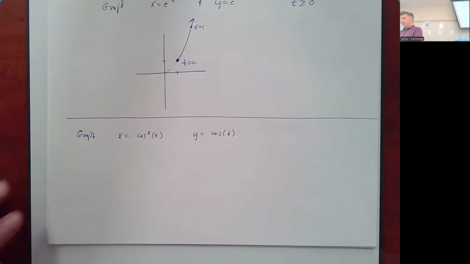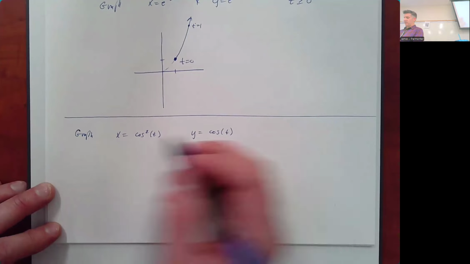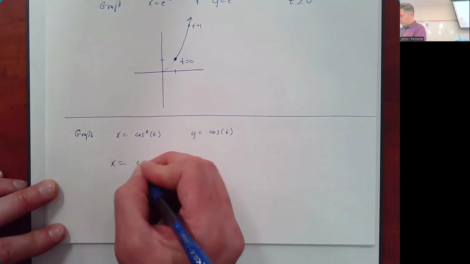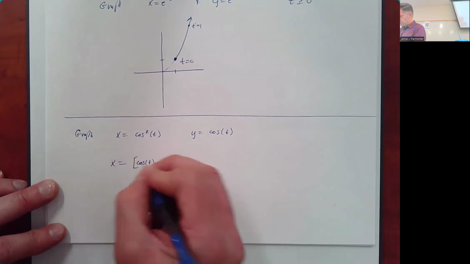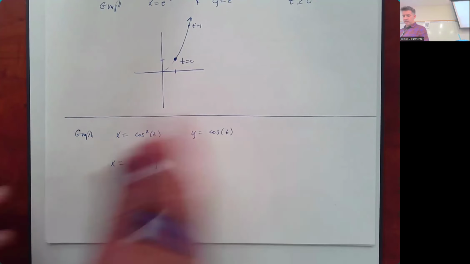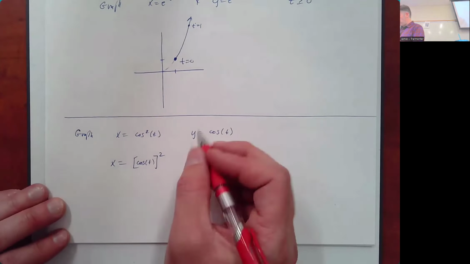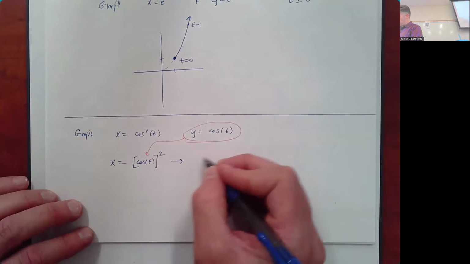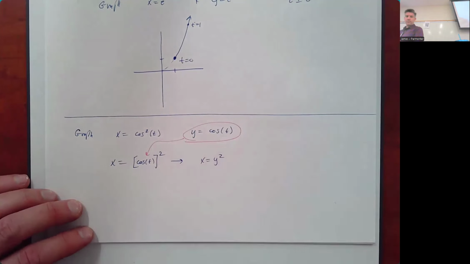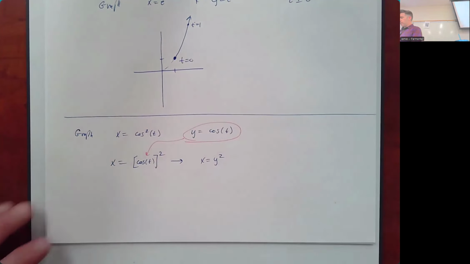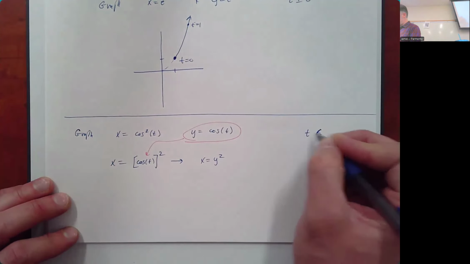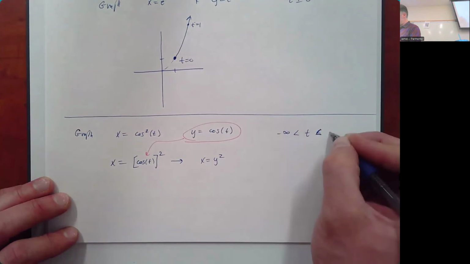I would just say, I'm going to use the y equal to cosine t, and I'm going to see that x is equal to cosine of t squared. And then I can sub in y for cosine and get x equal to y squared. And I'm going to say that t can be anything. t goes from negative infinity to infinity.